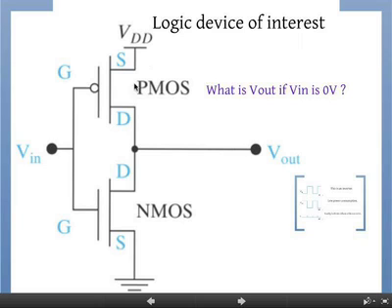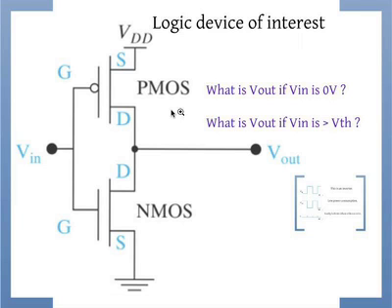So V out gets pulled to VDD. Okay? This circuit closes. Okay? So of course the next question is what is V out if V in is some positive number, imagine it's greater than the threshold voltage of the NMOS. Yes. Exactly. So what is the logic? It's a logic device. So what is it?